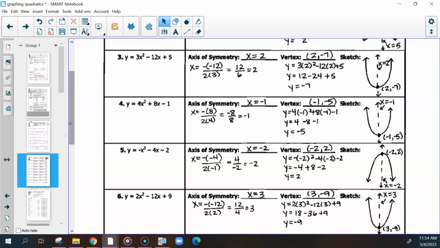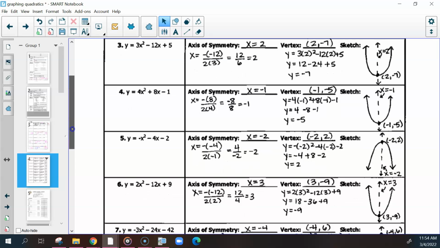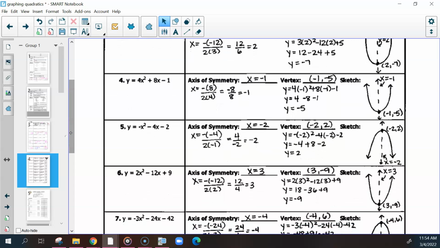Do you have any questions on that one? Number 4, axis of symmetry, x equals -1, vertex -1, 5, and this was facing up. Questions on that one?